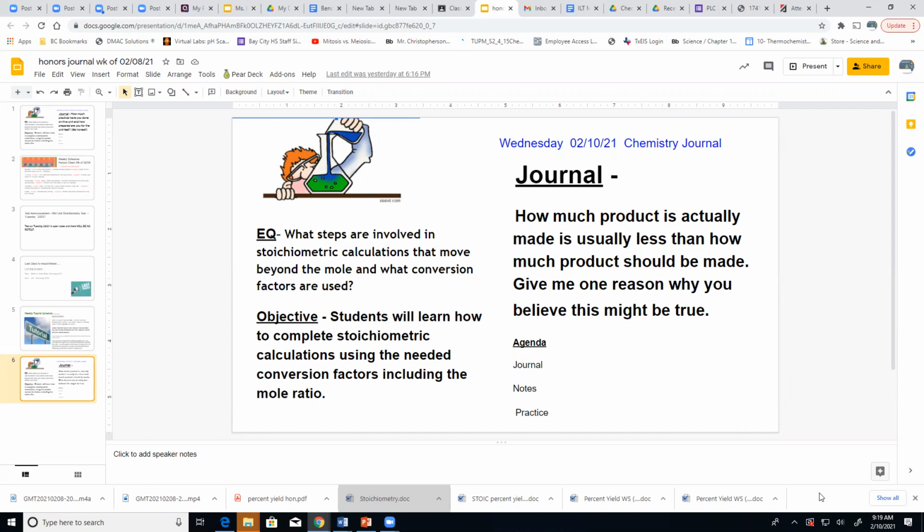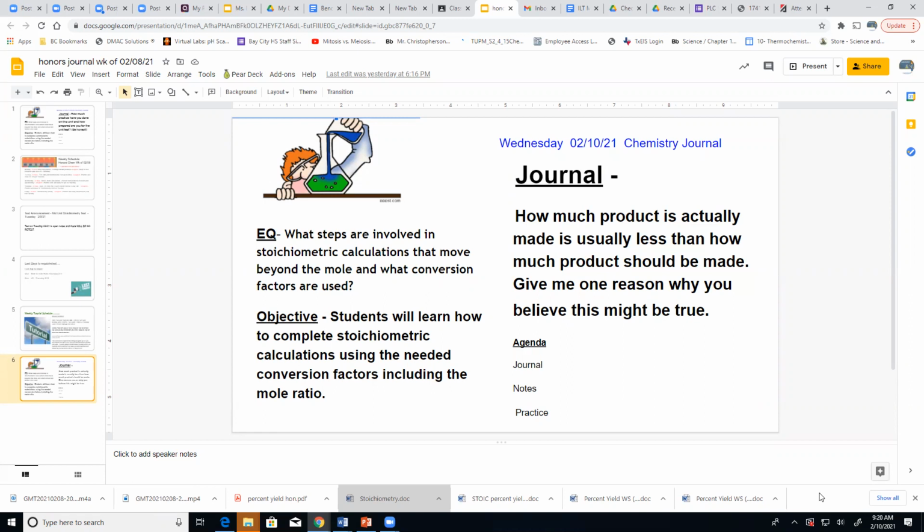All right. So on my journal today, I said that we study chemical reactions because we're studying chemistry, but in real life, chemical reactions are done all the time for various reasons. Probably the easiest way to think about it is chemical plants producing a product that they're going to sell.